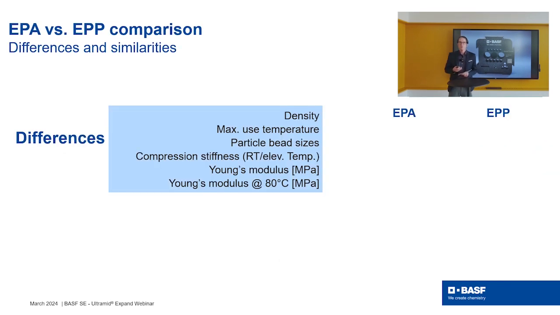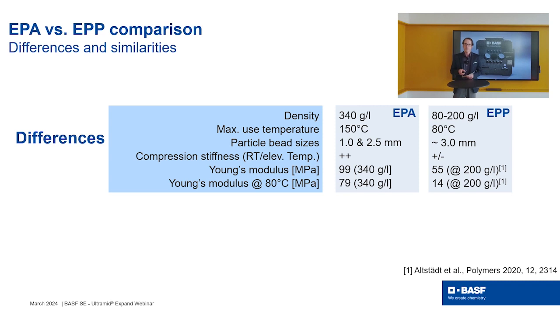So let me just talk a little bit more about the properties of Ultramid Expand and what are the similarities besides known materials like EPP and the differences. So let's talk about the differences.